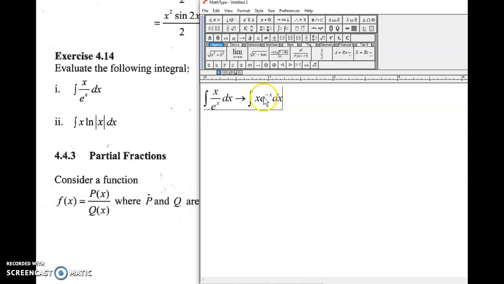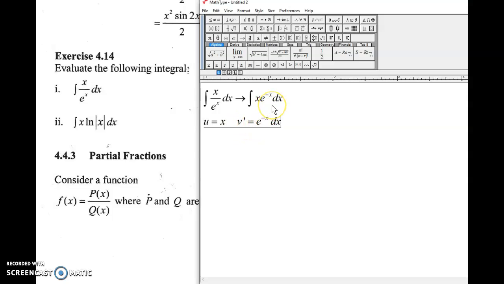So x times exponent negative x, then define u and dv. One will be u, the other will be dv. For this case I put x as my u and exponent negative x as v prime or dv.